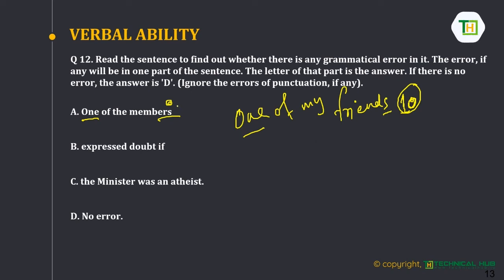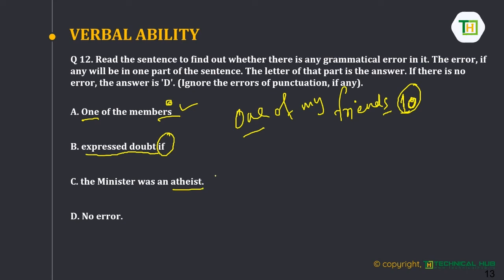So there is no error in option A. Okay, so let us see. "Expressed doubt," expressed doubt. Here there is something wrong. Expressed okay, doubt okay. But why have they used "if"? There is something wrong only. We'll check it out. "The minister was an atheist." What is the meaning of atheist?